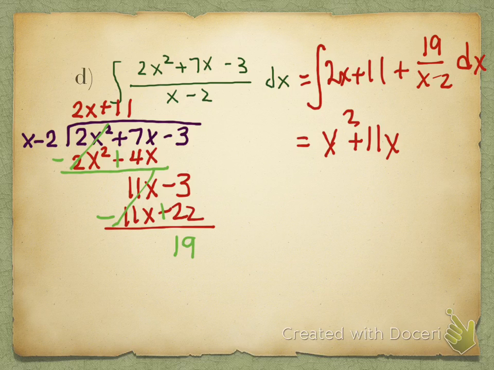What's the antiderivative of 19 over x minus 2? The 19 doesn't affect anything, right? 19. No square roots. What was the title of the section we're in?